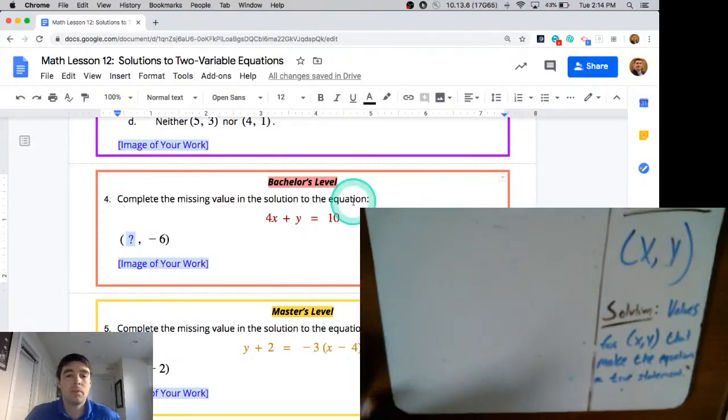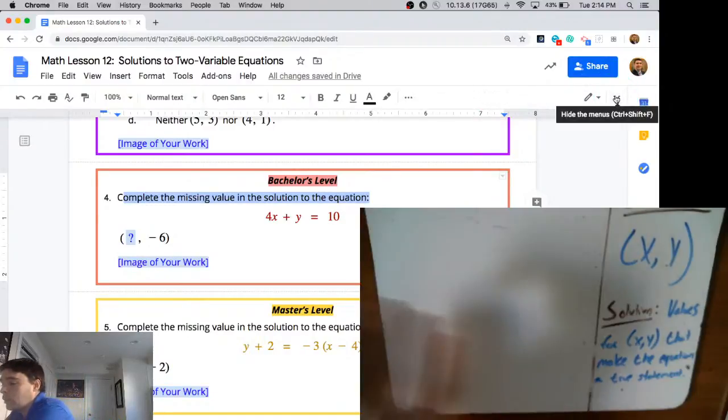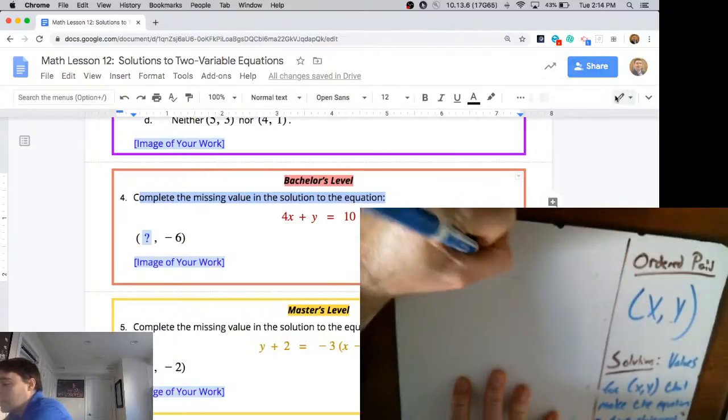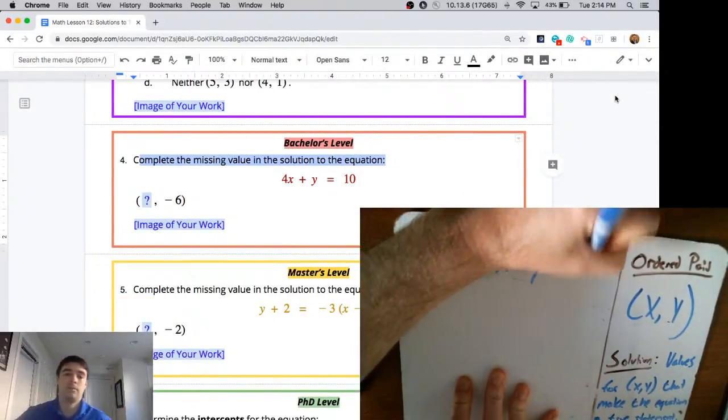Okay, problem number 4, which I'm highlighting now, tells you to complete the missing value in the solution to the equation. And the equation that we're given, which I'll copy on my whiteboard, says 4x plus y needs to be equal to 10.